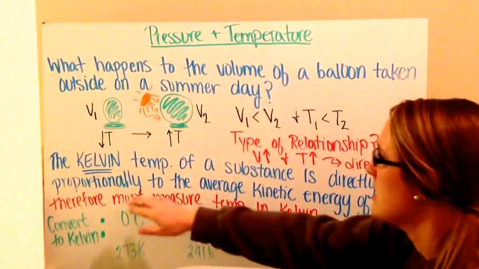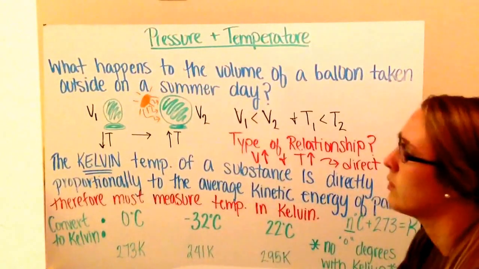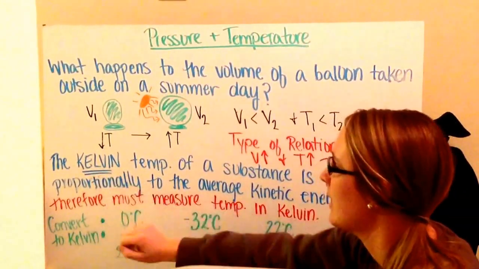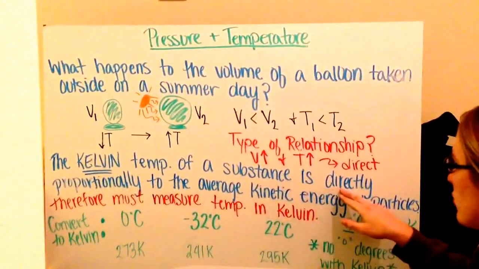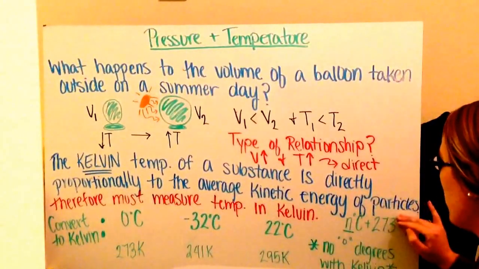Moving on then, to measure temperature in regards to pressure problems, we have to use Kelvin, because the Kelvin temperature of a substance is directly proportional to the average kinetic energy of particles.